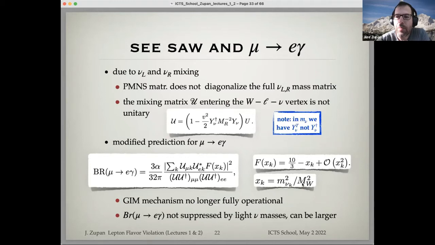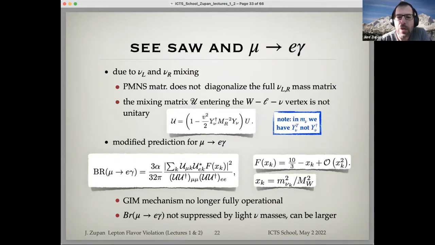That was for the PMNS matrix. Now we have to keep this constant piece. So we end up with a contribution here in the sum. For mu to e gamma, we end up with a contribution which is not suppressed by the neutrino mass.